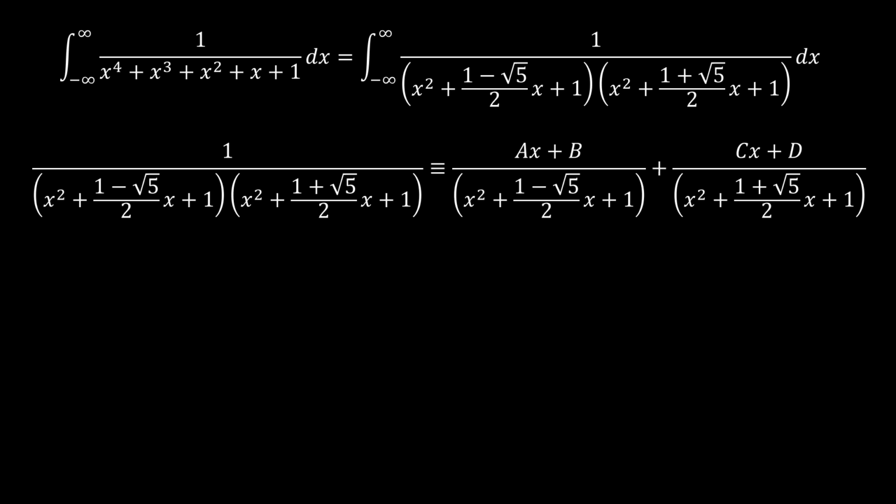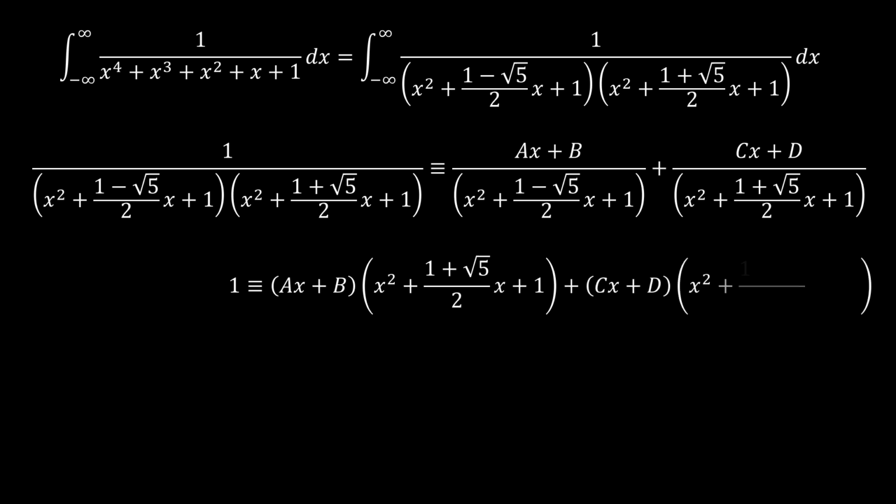When we multiply the left and the right hand side by the product of x squared plus (1 minus root 5)/2 x plus 1 and x squared plus (1 plus root 5)/2 x plus 1, we get on the left hand side 1, and on the right hand side (ax plus b) times (x squared plus (1 plus root 5)/2 x plus 1) plus (cx plus d) times (x squared plus (1 minus root 5)/2 x plus 1).